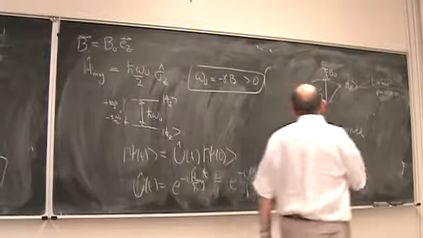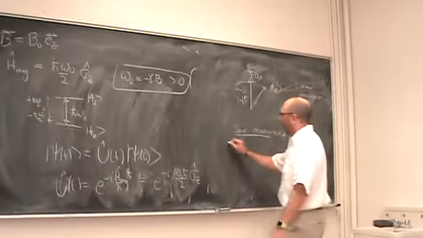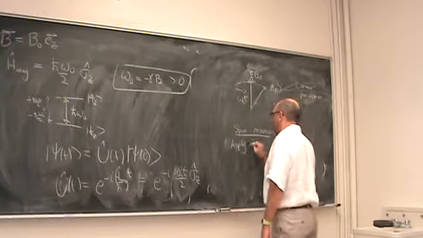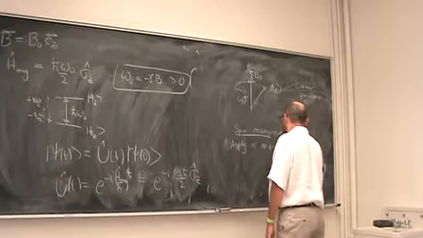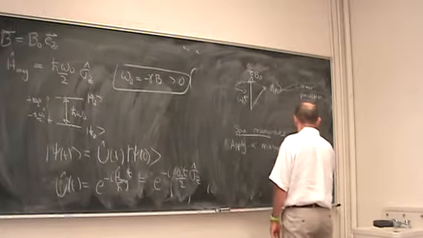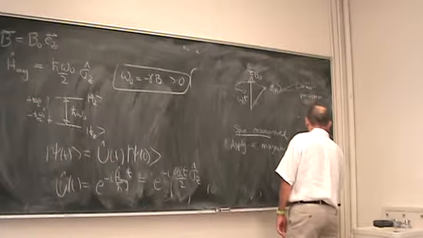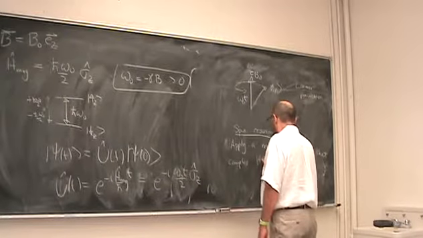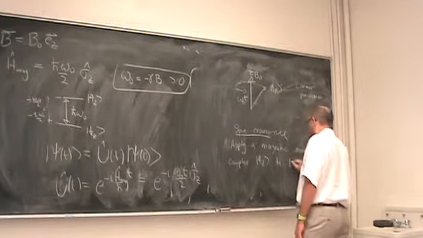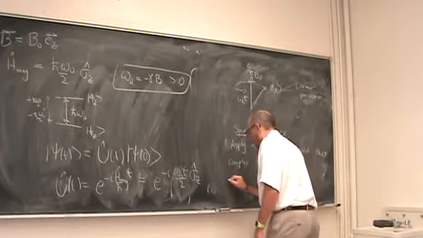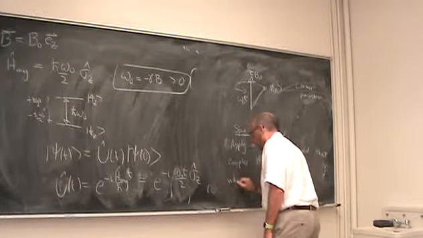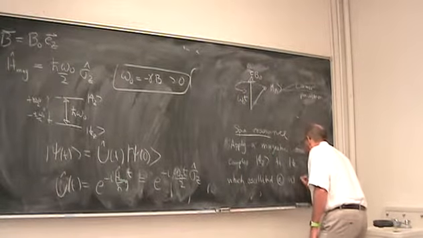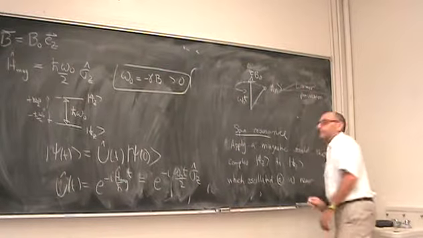So spin resonance says the following thing. Apply a magnetic field that couples spin up along z to spin down along z, which oscillates at omega near omega naught.